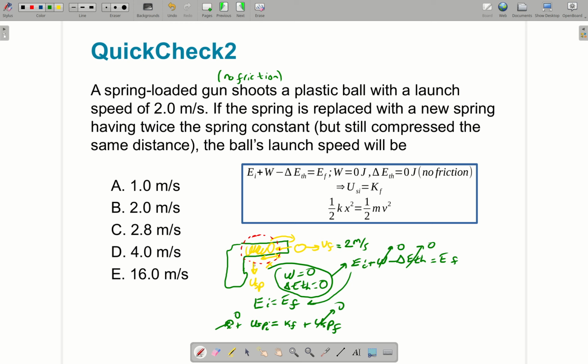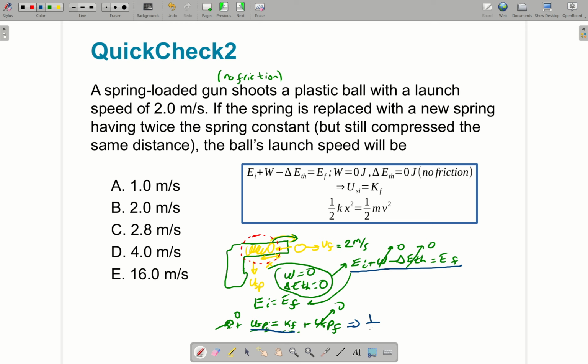So I say spring potential energy converts to kinetic energy, and go. Skip the others. If you are confused, always start from here. If you can see that this spring potential energy is given to the ball as kinetic energy, you can start from here. Then you write down what you have.